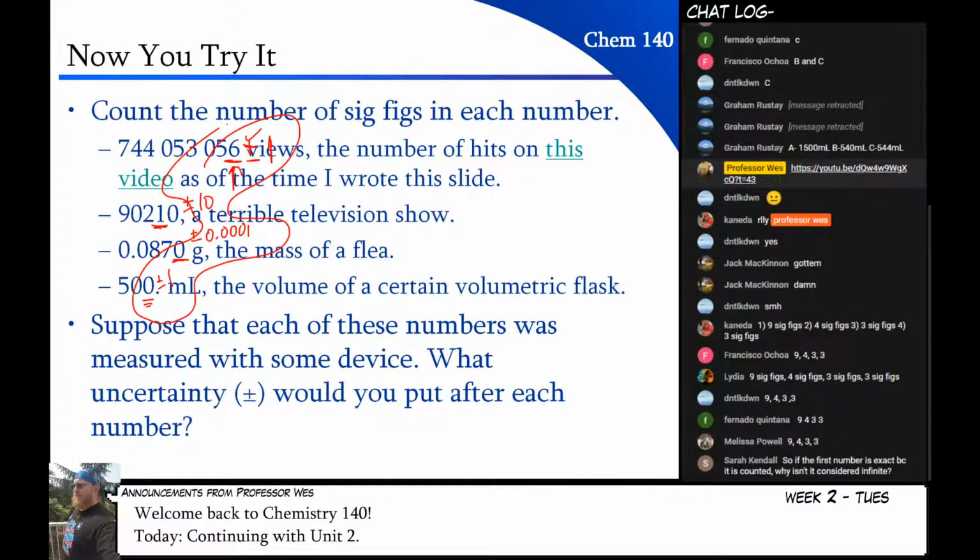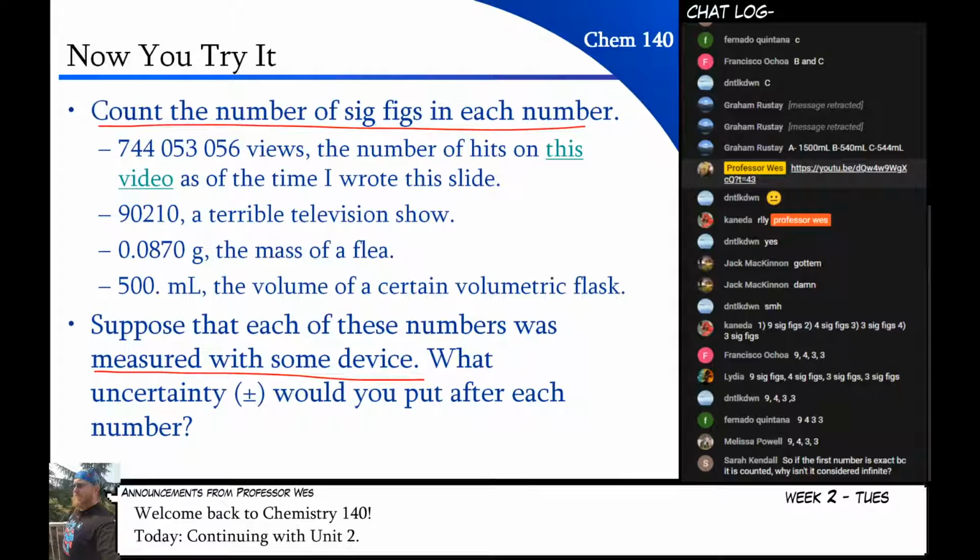The first number is exact because it's counted. So what I'm doing here is we're assuming that each of these is measured with some device. And that's why we're counting sig figs. For this exercise, I am just making you count digits. And also, I wanted to rickroll you, so I had to make up the problem.